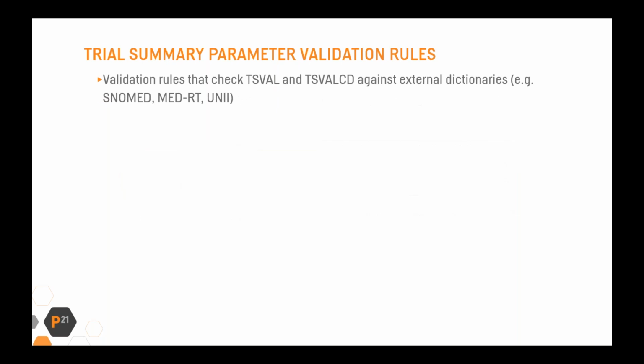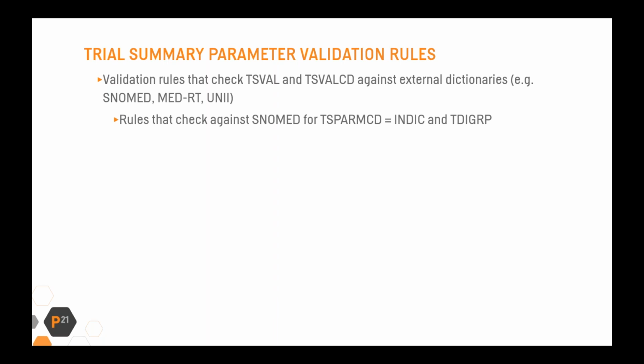We also have validation rules that check that TSVAL and TSVALCD are matching external dictionaries as well. So things such as SNOMED, we have MED-RT, or we have the FDA UNII, or Unique Ingredient Identifier dictionary, for specific parameters. The first one we're going to mention is SNOMED.